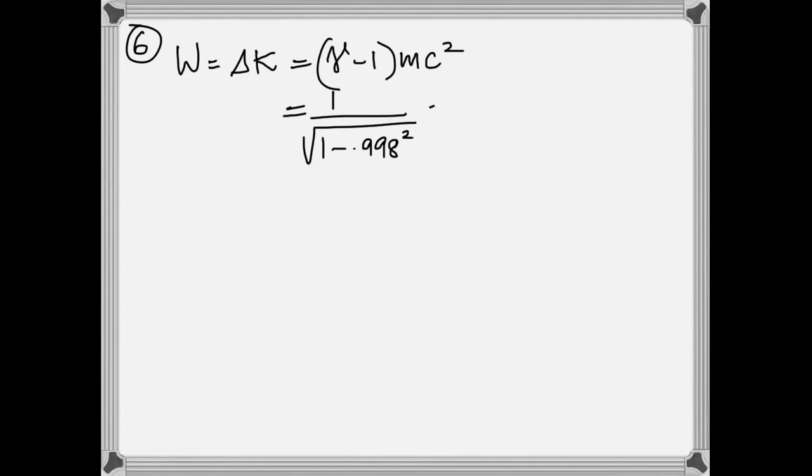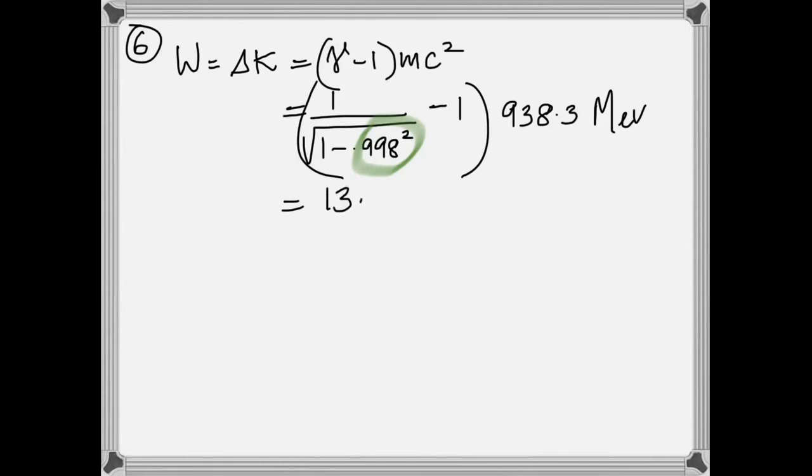And now gamma is this, 1 by square root 1 minus v squared by c squared. And you see that the c squareds cancel out from here. That's why you don't have the c squareds. Minus 1, and that number, mega electron volt. You can keep it in those units. When you solve this, you get 13.9 times 10 to the 9 electron volt.